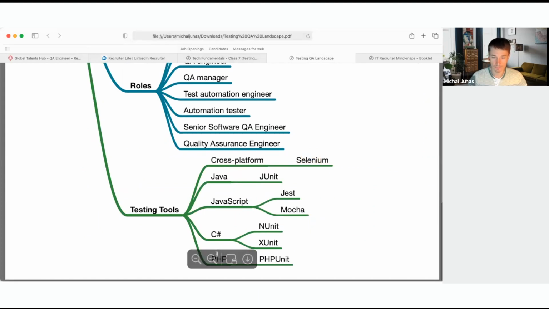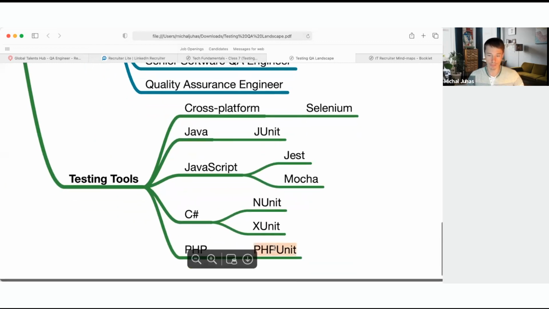They also have application in PHP, so they would probably test the PHP code with PHP unit or with Selenium. Certainly not with NUnit or XUnit. That doesn't make sense.